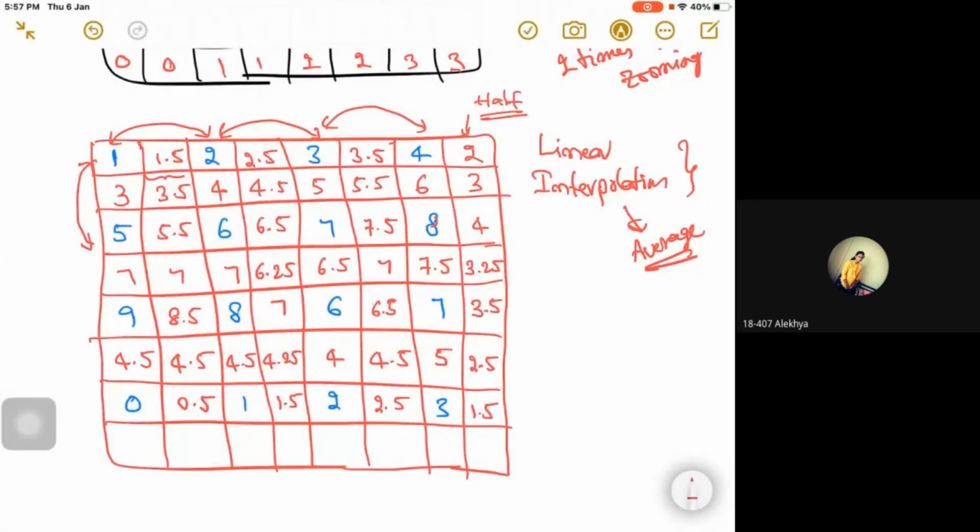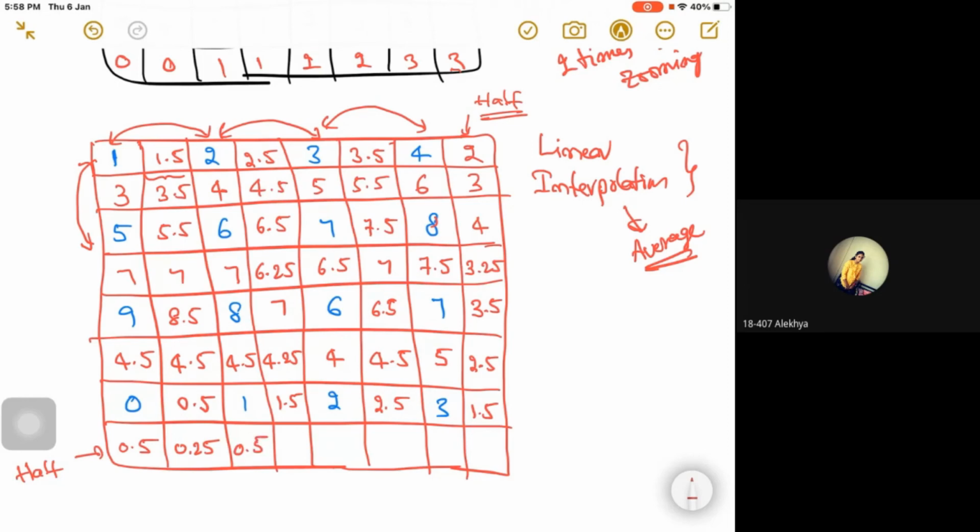And similarly, for this last row also, take the half of the previous. 0, so it should be 0.5 only, half of 0. Here you are having 0.5 already, half of that 0.5 is 0.25. Then here you are having 1, half of that is 0.5.